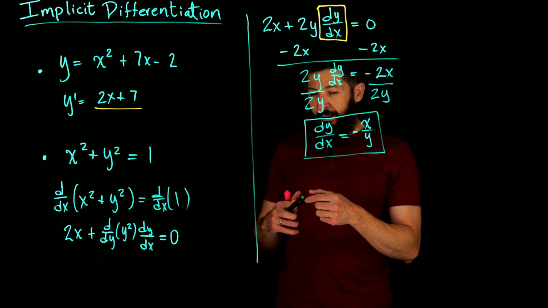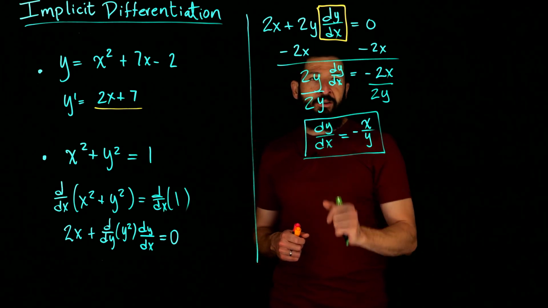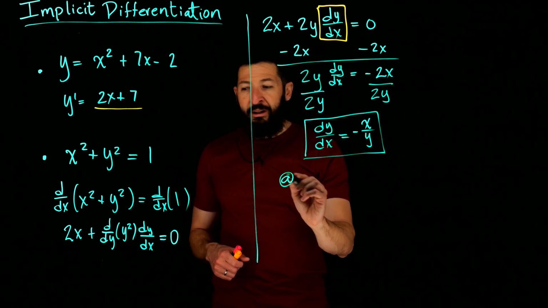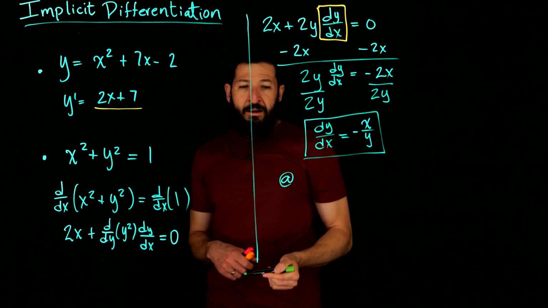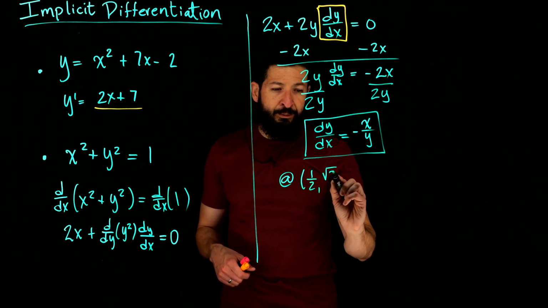But if you want to find the derivative at a point, say you're given a coordinate x comma y, you can certainly evaluate it there. So let's say we needed to compute this at one point in the unit circle. The unit circle here, you have x squared plus y squared equals 1. One point in the unit circle, for example, 1/2 comma square root of 3 over 2.